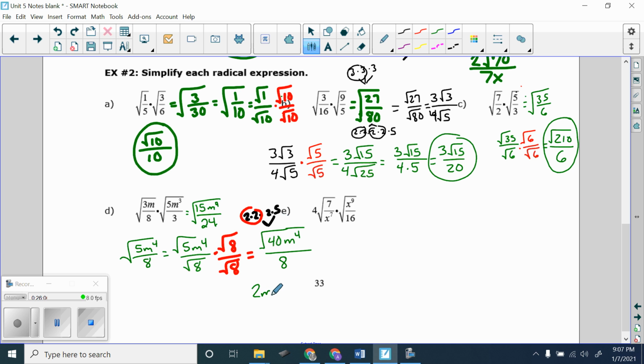So 2m squared radical 10 over 8. But the 2 and the 8 simplify. 2 goes into the top once, 2 goes into the bottom 4 times. So m squared radical 10 over 4. Try this next one, but make sure that you don't forget about that 4 out front.